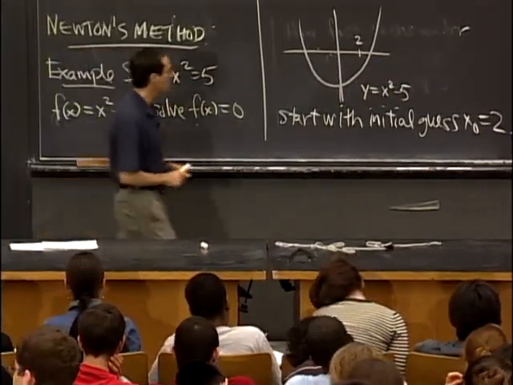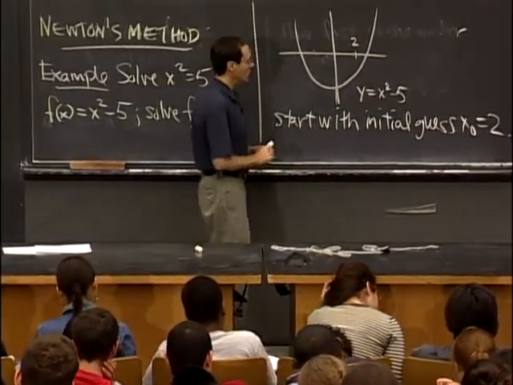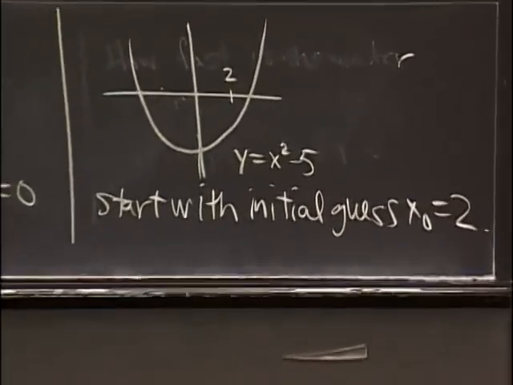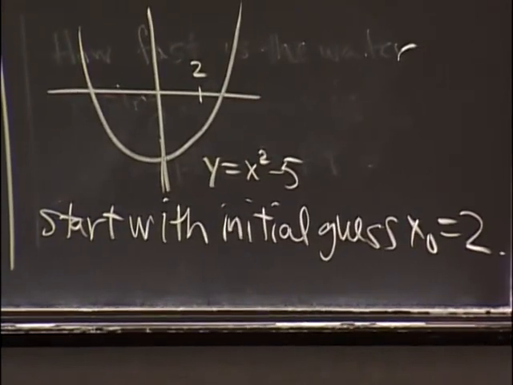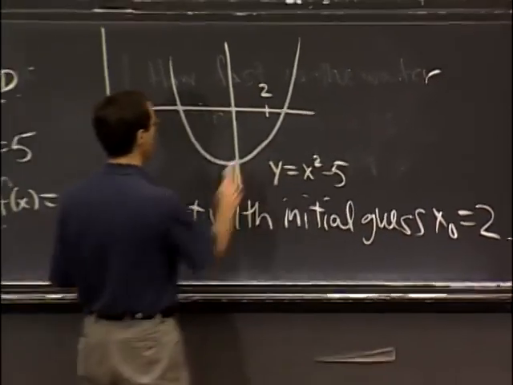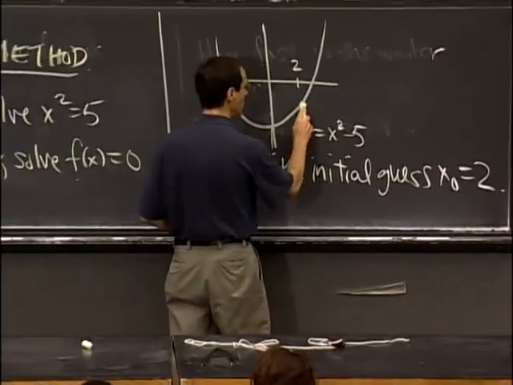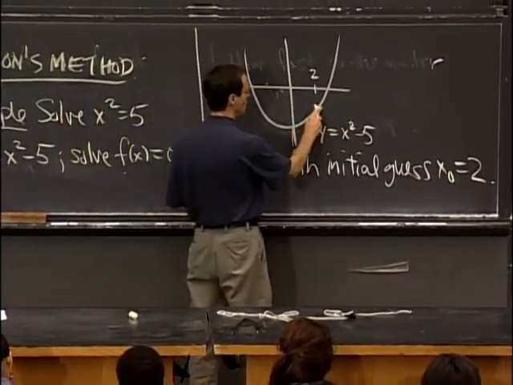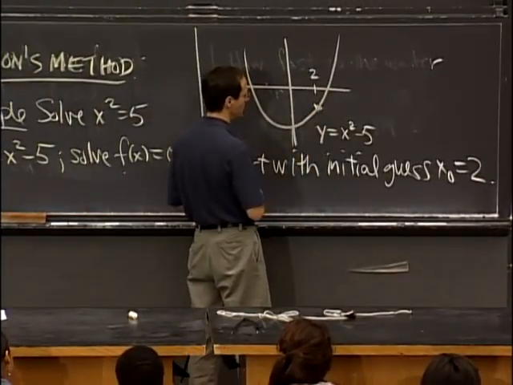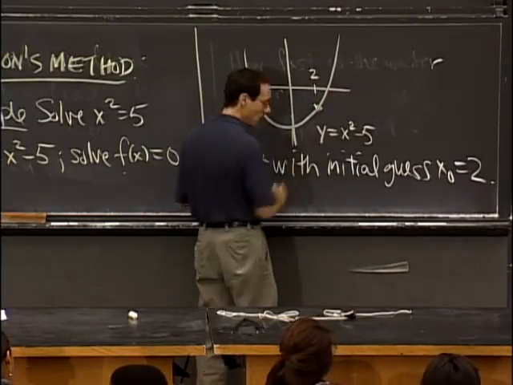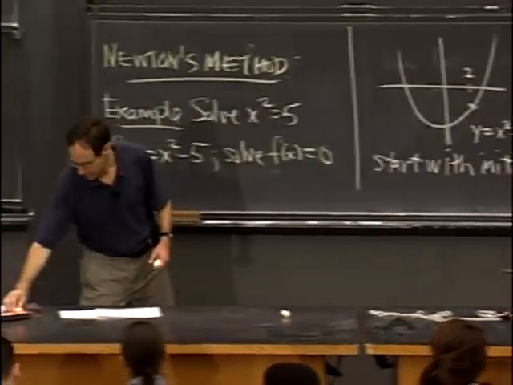And now, what we're going to do is we're going to pretend that the function is linear. That's all we're going to do. And then, if the function were linear, we're going to try to find where the 0 is. So we'll plot the point where 2 is, that is the point (2, f of 2). And then we're going to draw the tangent line here.